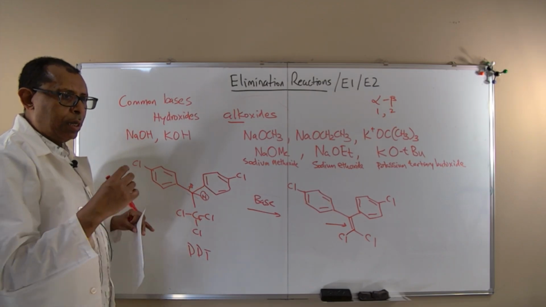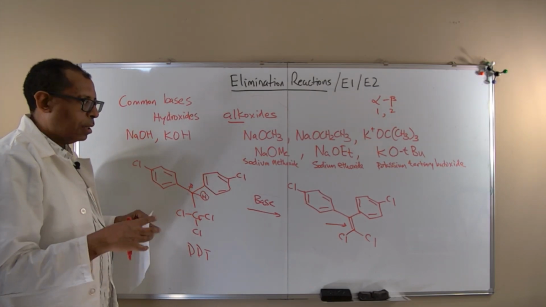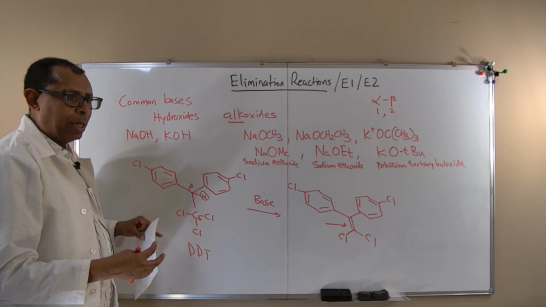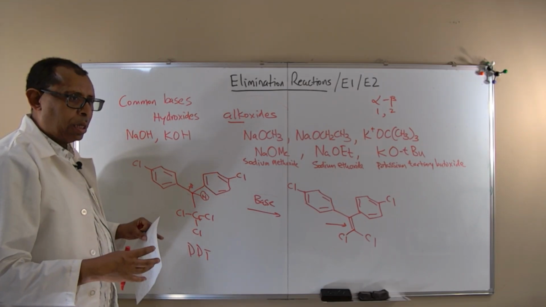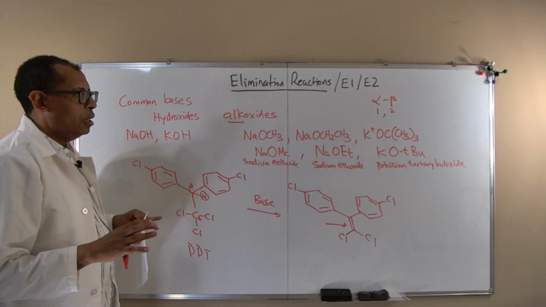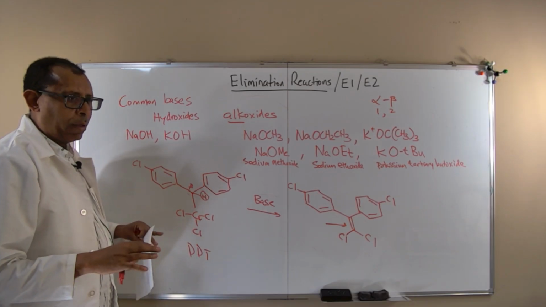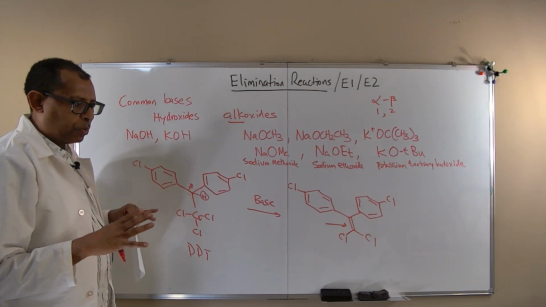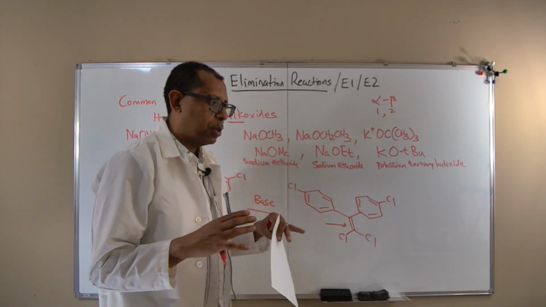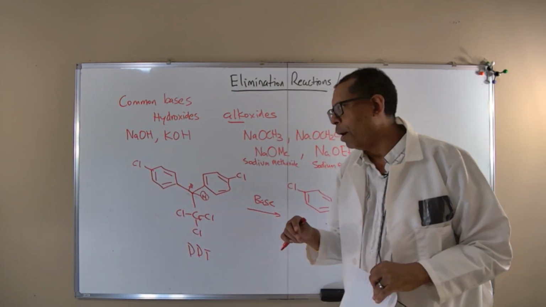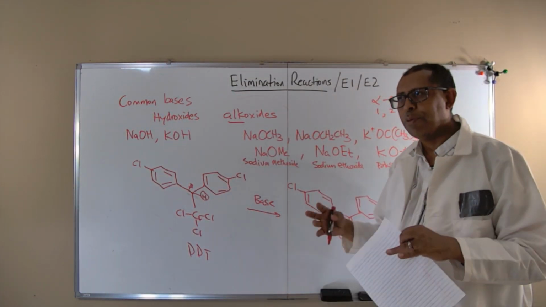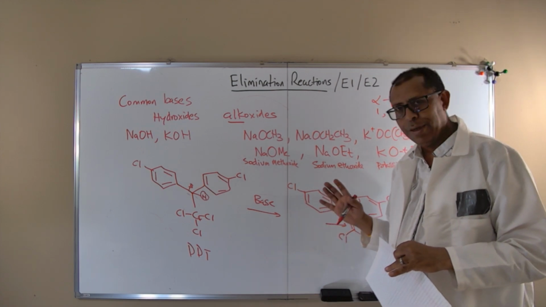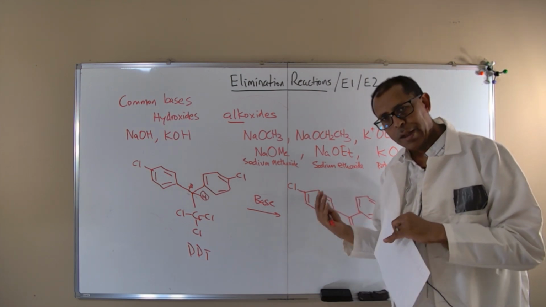So there are monosubstituted alkenes, disubstituted alkenes, and tetrasubstituted and tri-substituted ones. So we're going to study the stability of alkenes. Reason being that based on the stability of those compounds, the kind of product that would be formed is dictated by the stability of the alkene.